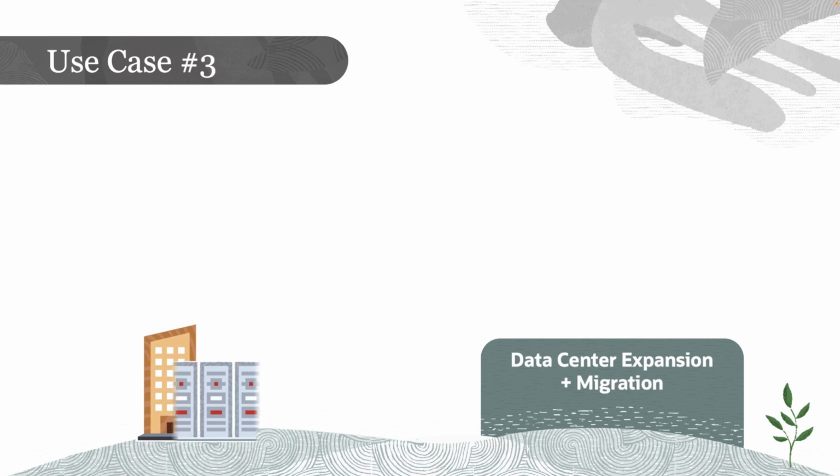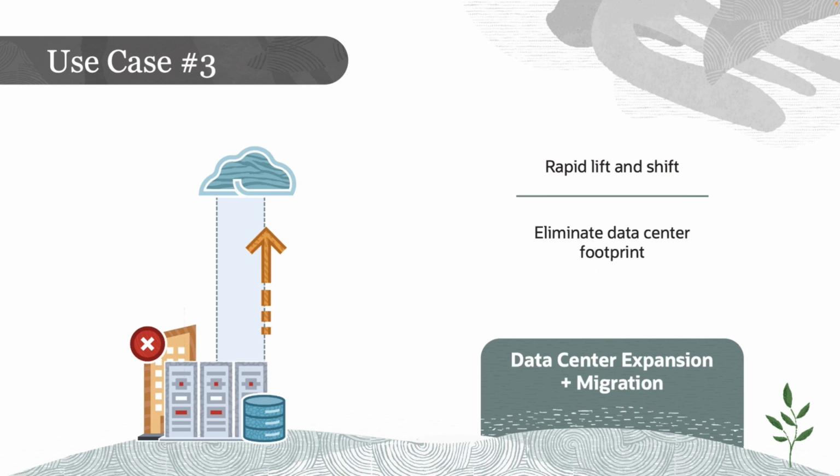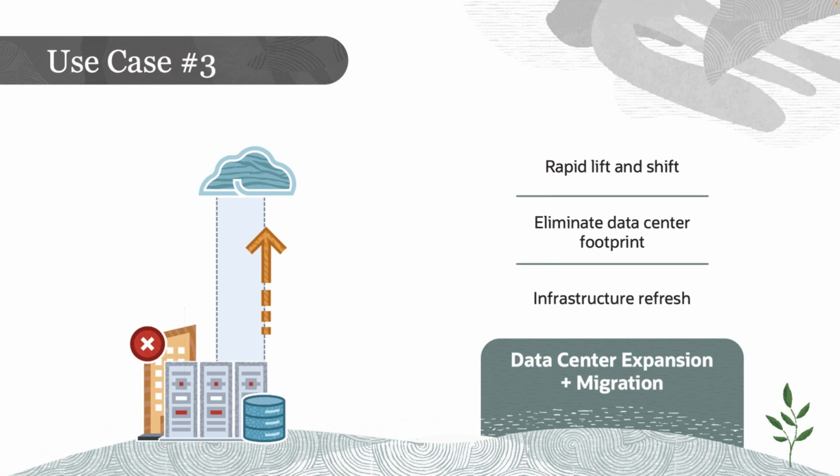The next use case is about data center expansion with migration. Data center migration is often triggered by a customer's need to retire an on-premises data center. Again, this would require interconnecting the on-premises and the cloud environments until the migrations are done. There are different ways you can achieve this migration. You could simply do a lift and shift.